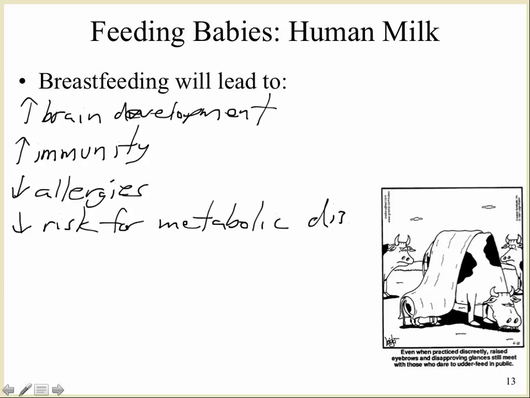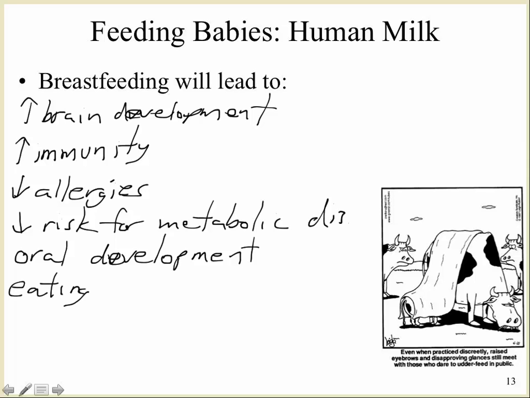A few others that maybe aren't as apparent are, I will just say, oral development. There's something about the nursing process that is really healthy for the development of the gums and jaw and teeth of that infant. And if you think about it too, when you breastfeed, well, let me just go into the next one because these kind of tie together.